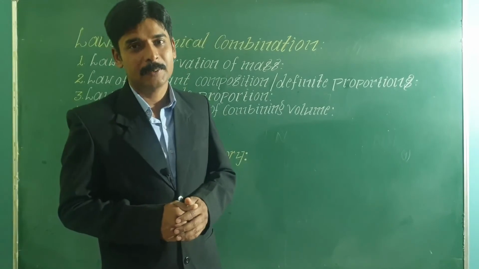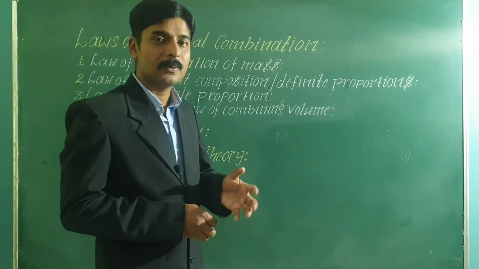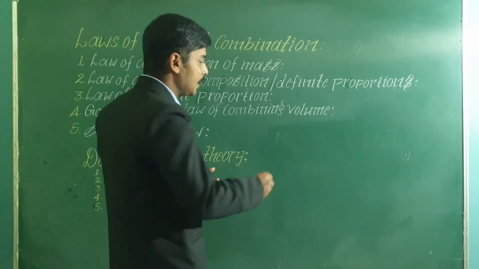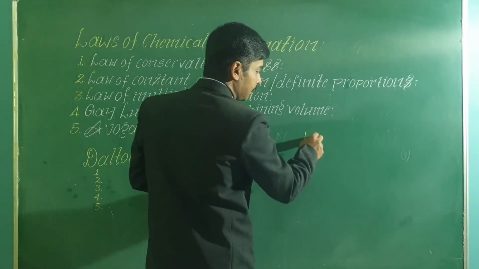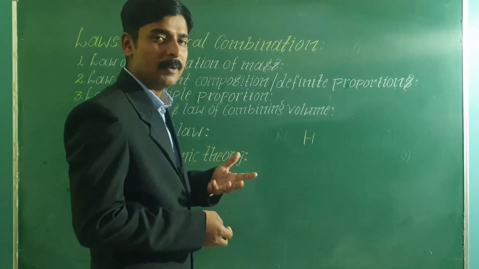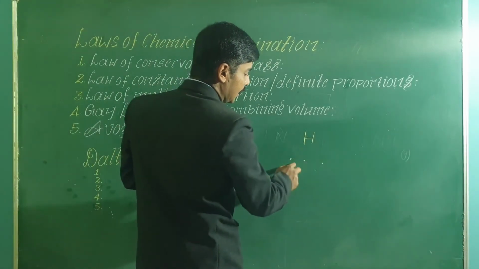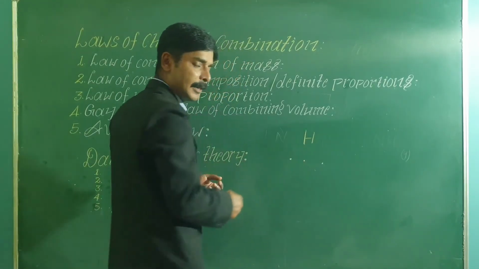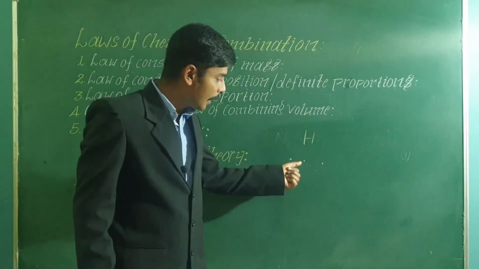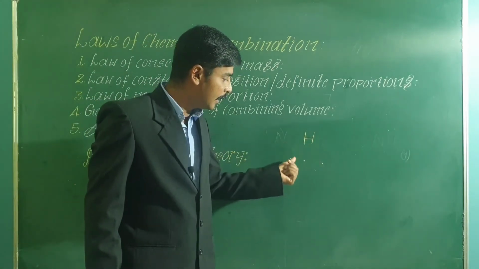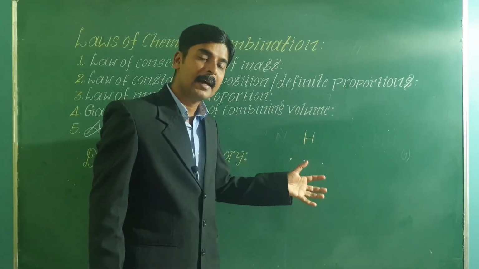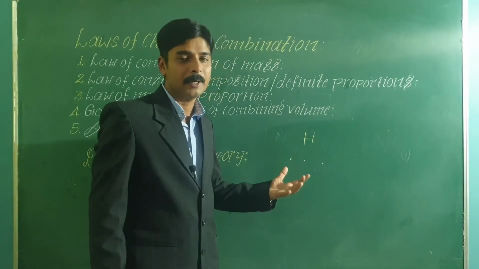The third postulate is, atoms of a given element. Let us take a hydrogen element. We know the hydrogen element is made up of hydrogen atoms. So atoms of a given element are identical in properties.